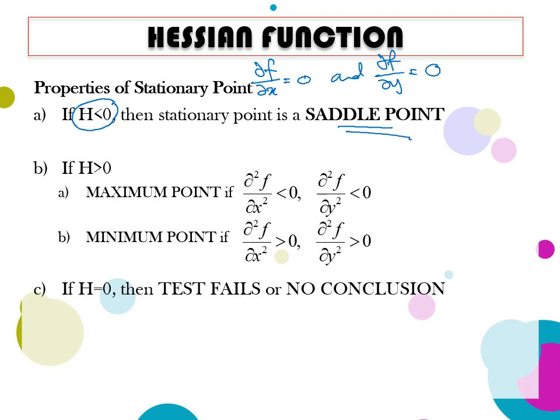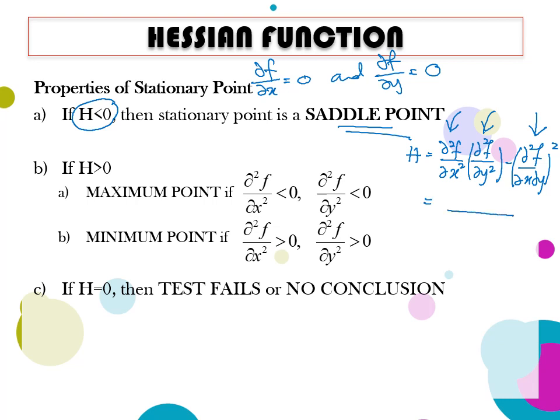Once again, you calculate your Hessian, where the formula is del squared f del x squared times del squared f del y squared, minus del squared f del x del y, squared. You substitute the second order partial derivatives into this formula and get the value of the Hessian.